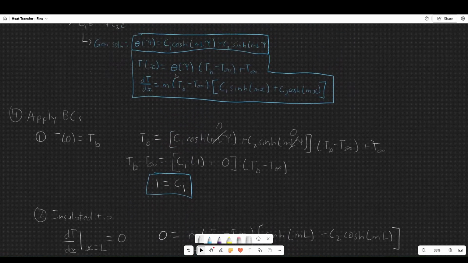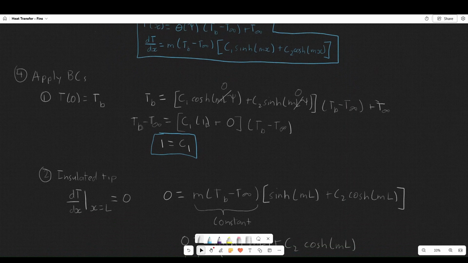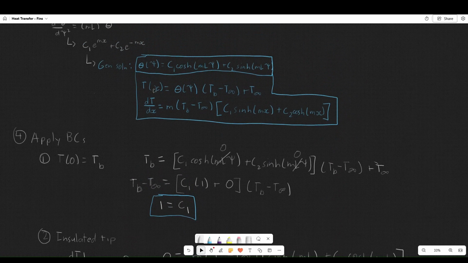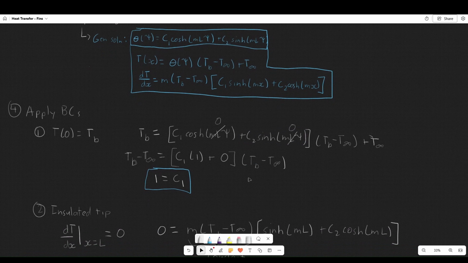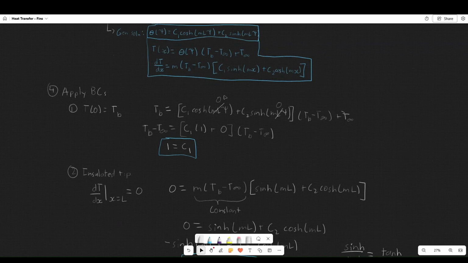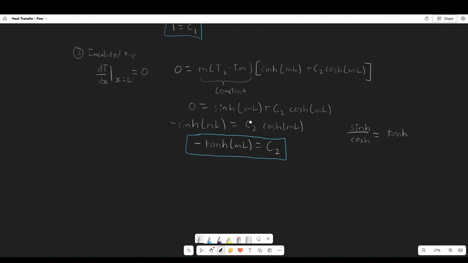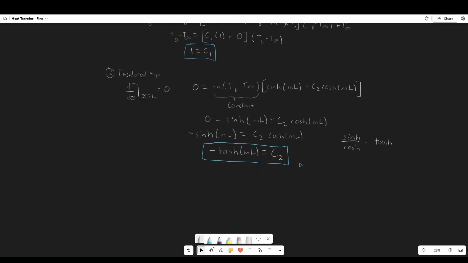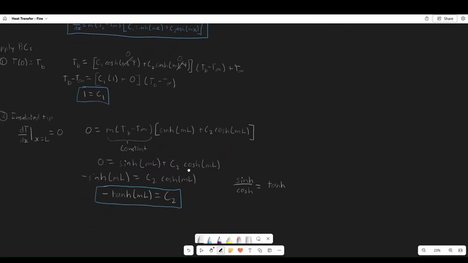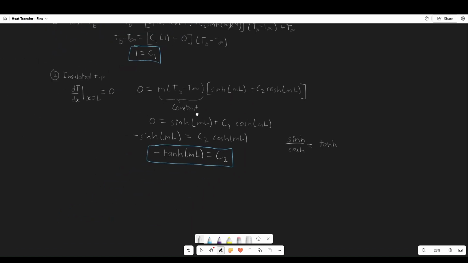Okay. So now we can write out our full equation. Looking back at the general form, we had T of x equals theta times (T_b minus T infinity) plus T infinity. So now we know what the constants are. Let's write it at the bottom.